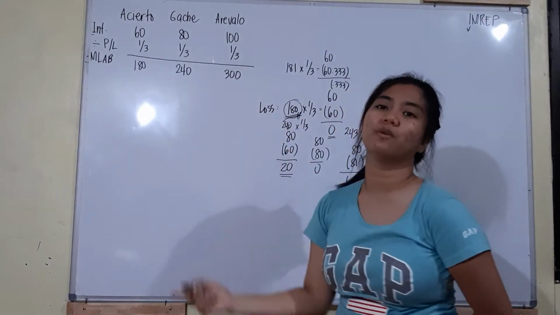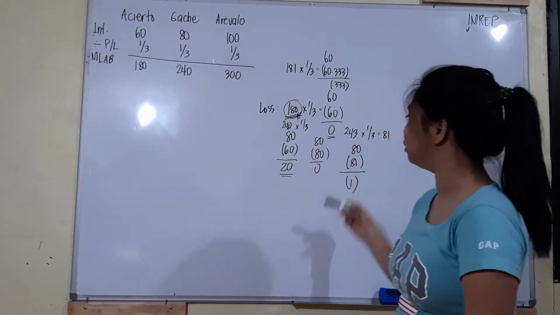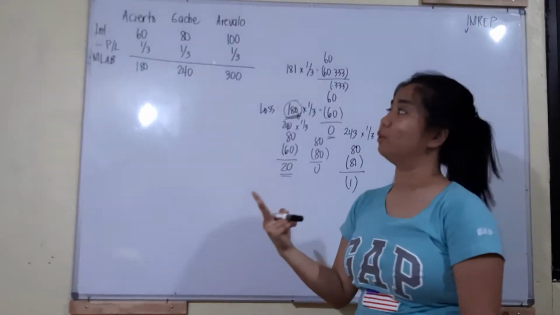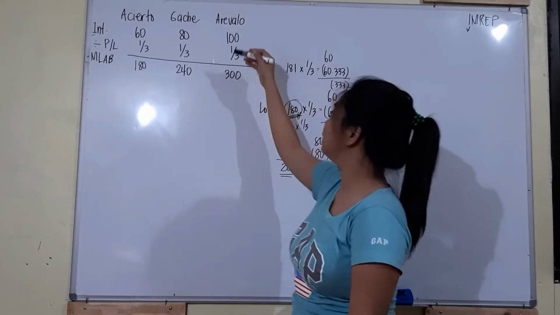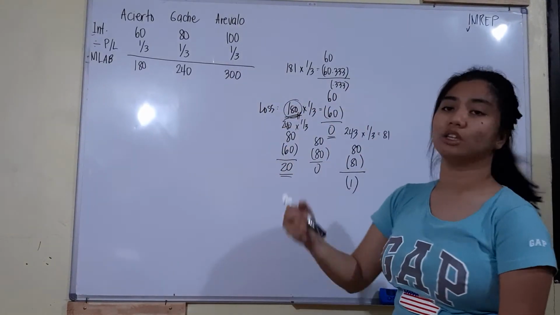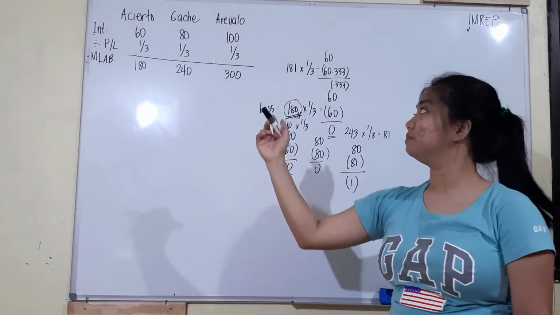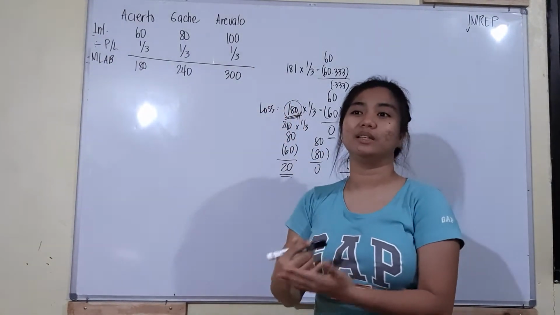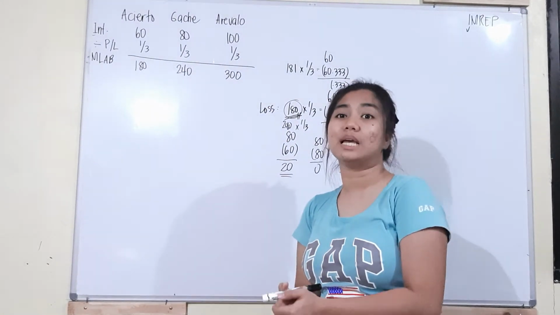So, same goes for Arevalo. Okay? So, kung 240, 100 minus 80, meron pa siyang tira na 20. Kung 180 lang yung loss, lalong may tira siya kasi 100 minus 60, meron siyang tira na 40. But come 300 times 1/3, ang share niya ay 100. So, 100 minus 100 is equal to 0. Kaya niya pang i-absorb kasi nga yun ang maximum niya.